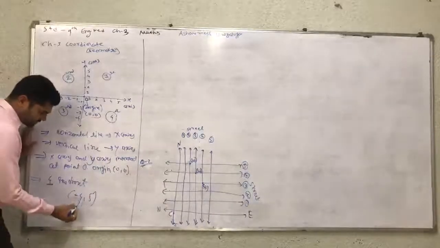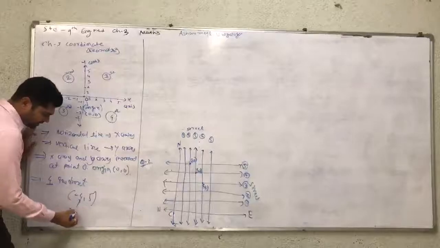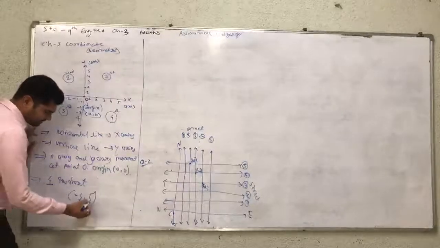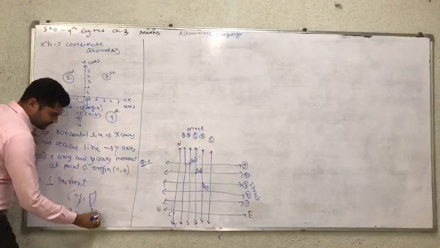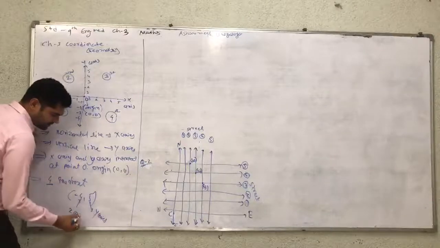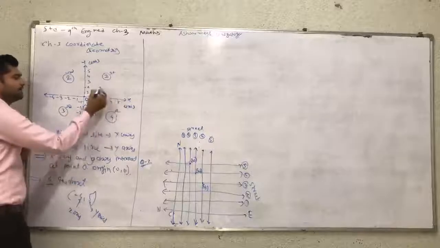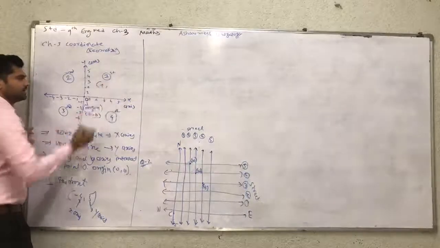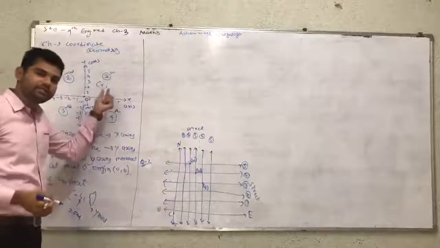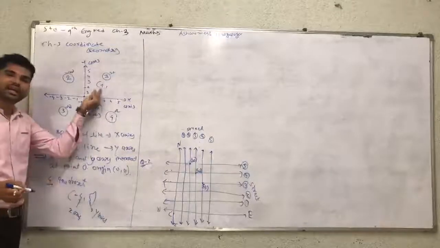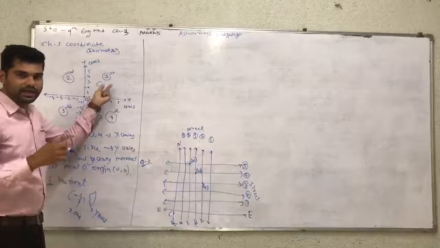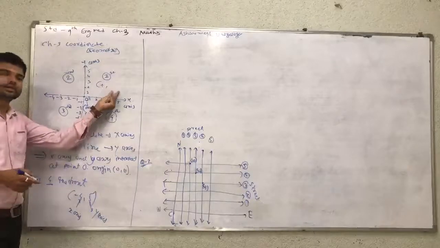The first number is represented on the x-axis and the second number on the y-axis. The first coordinate is the x-axis value and the second coordinate is the y-axis value.